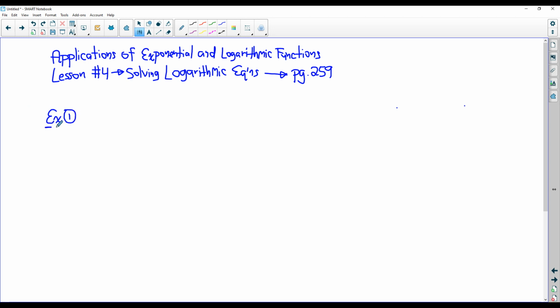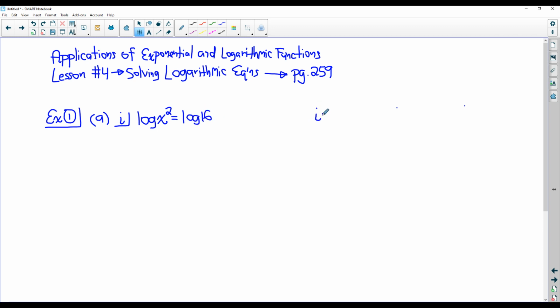For that first example, there's actually a couple of equations we're going to solve. For part A, we have two of them. We have equation I, which is log of x squared is equal to log of 16.